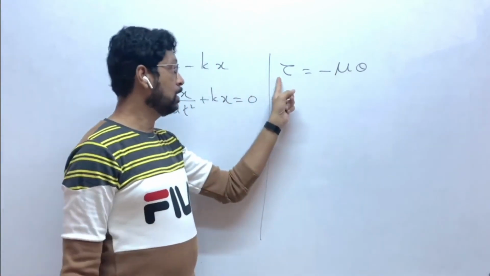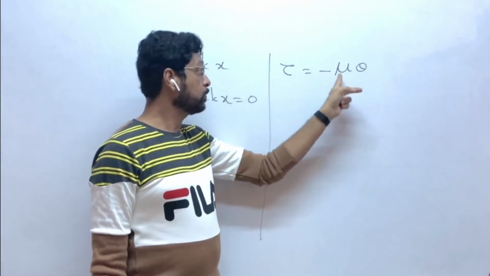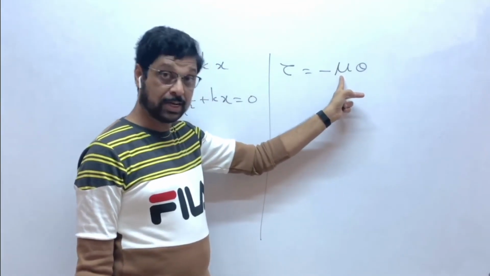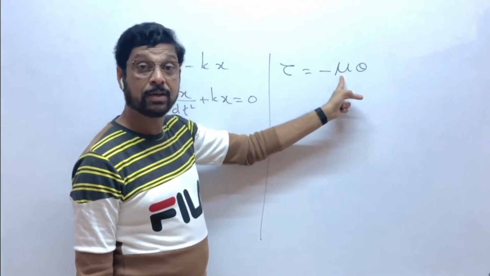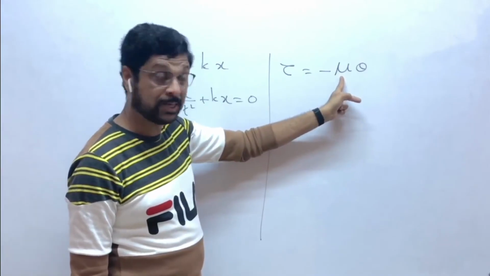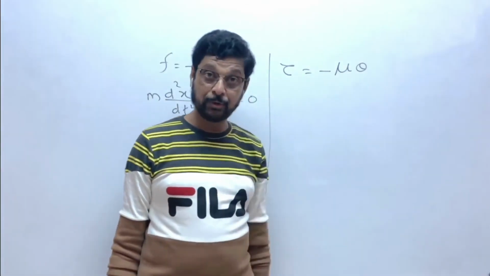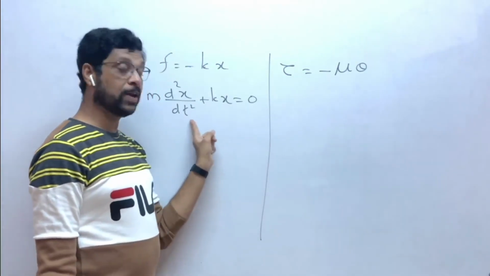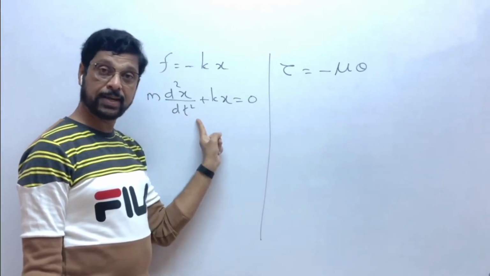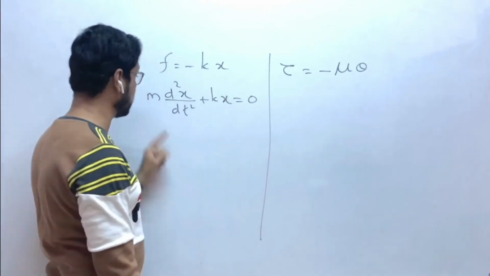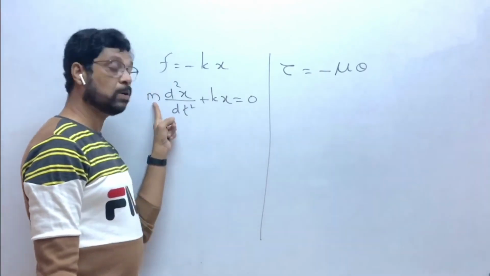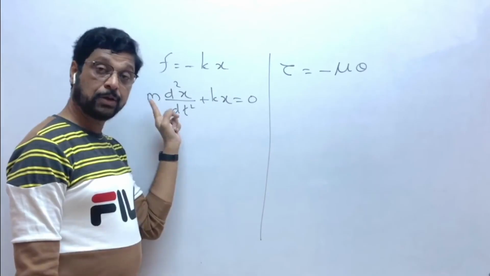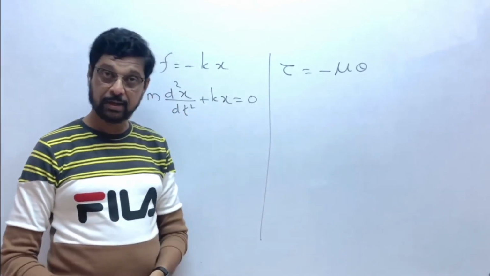Tau is the restoring torque, mu is torque constant, is torque per unit angle or angular displacement, and theta is the angular displacement. Similarly, this was the differential equation of linear SHM. In angular SHM, in place of mass, it will be moment of inertia.